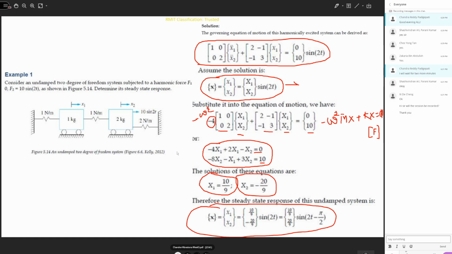You can just leave your answer here. Here you are just taking out the negative sign and introducing the phase as negative 90 degrees. So you can stop your answer here, or you can make both the magnitudes positive by including a phase here.